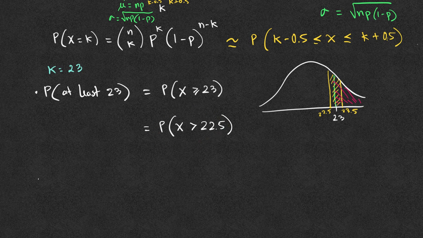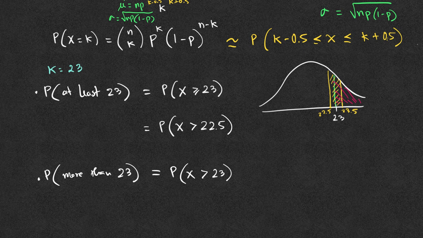If we're looking for the probability of more than 23, this time it is x strictly greater than 23. 23 is not included, but anything that is more than 23 is. Looking at this picture here, we want to exclude 23. 23 is not in the shaded region this time.